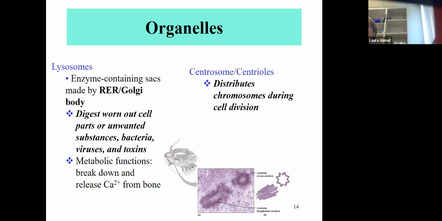It's like an erector set, this framework that will be built upon and extended so that they create these finger-like projections to grab onto the chromosomes and pull them apart so that one copy goes to one cell and one copy goes to another. Right? So they're active in distributing chromosomes during cellular division.